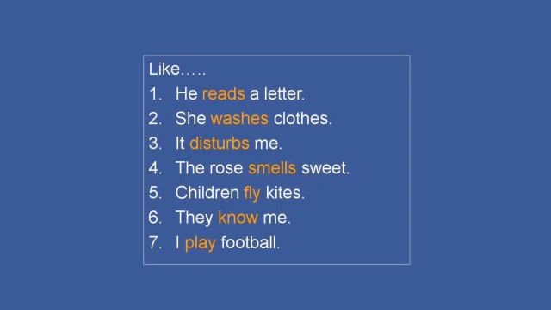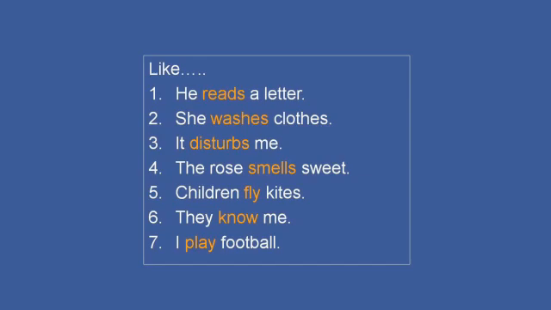In third, the verb is disturb with s, used with the subject it. In fourth, the first form of verb is smell, used with s, with the subject the rose, which is a singular noun.